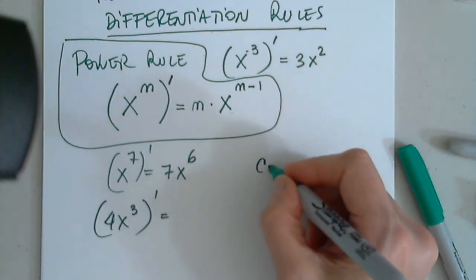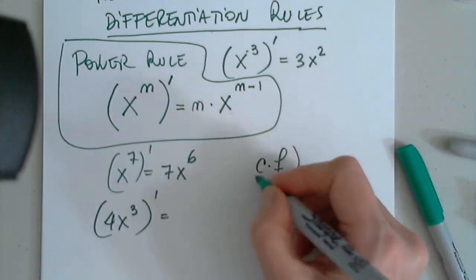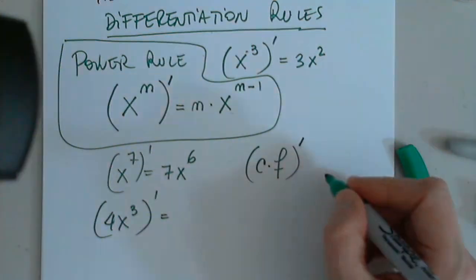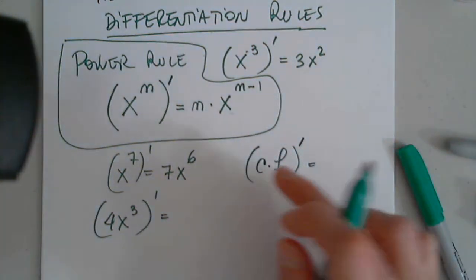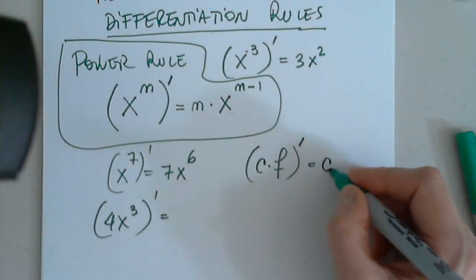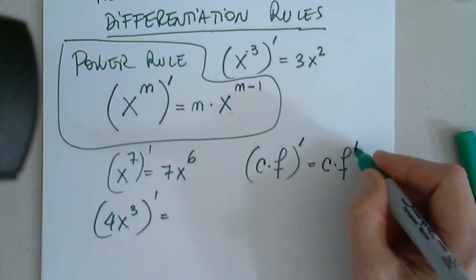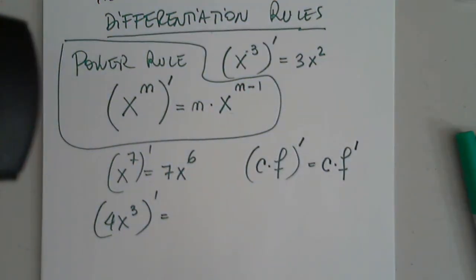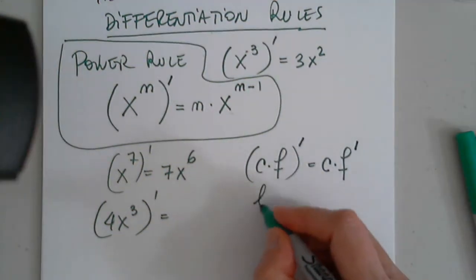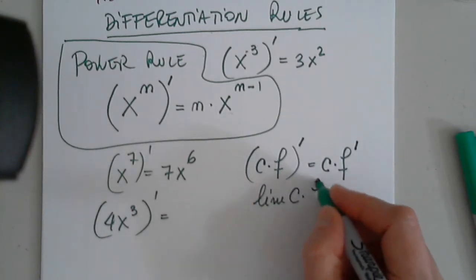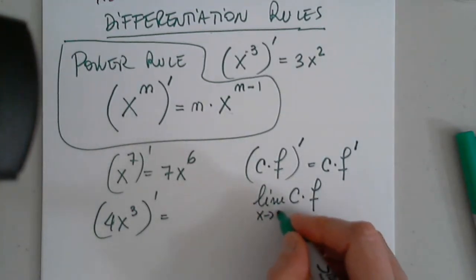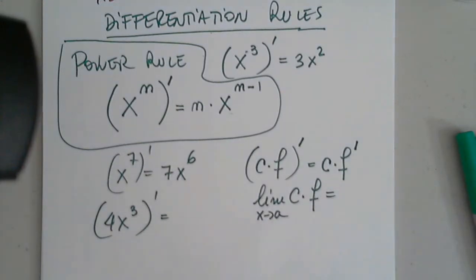So if I have a constant times a function, and I differentiate this, the constant stays outside, and I have c times the function prime. Like we did with limits. If you remember, we had the limit of a constant times a function as x approaches a. What did we write for this one?